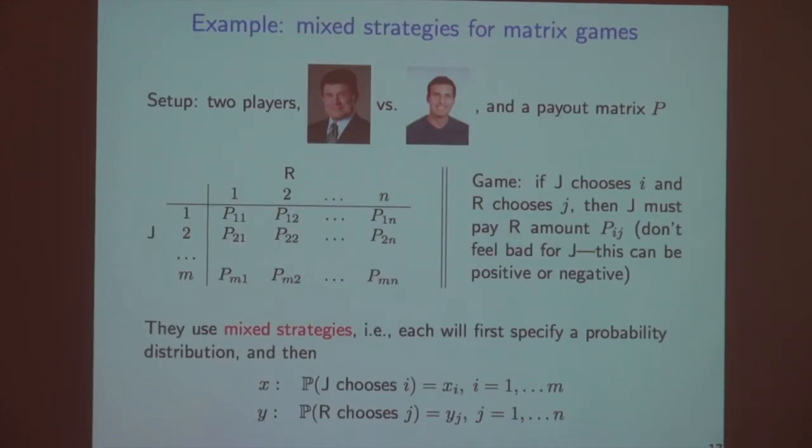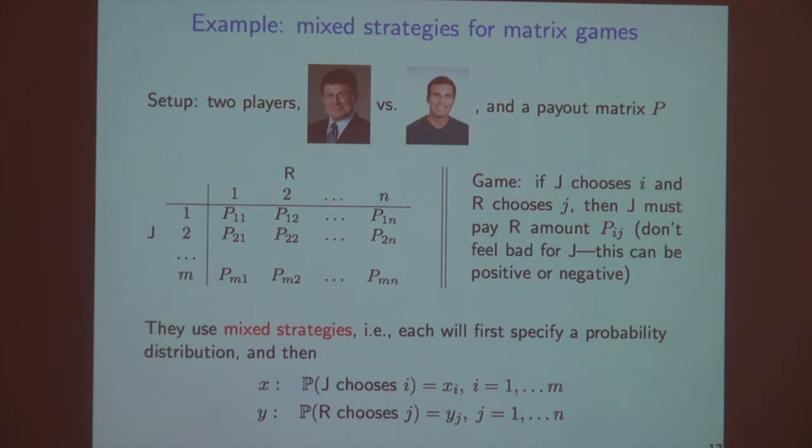Here it is. Okay, so suppose I'm playing a matrix game with someone, and we have two players, call them J and R. And these two players are going to play the following game. J is going to choose some quantity i from 1 through m.